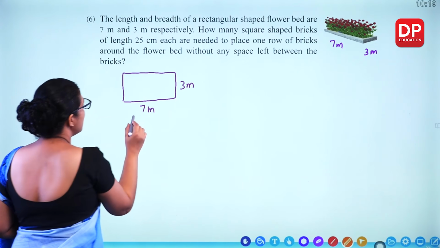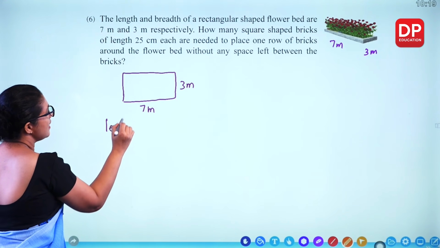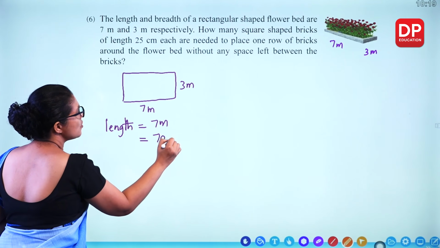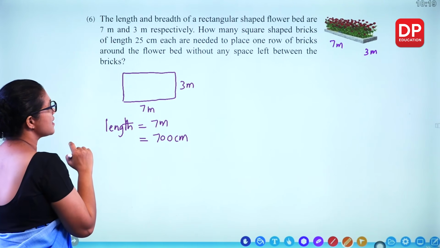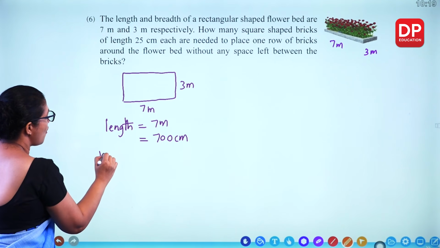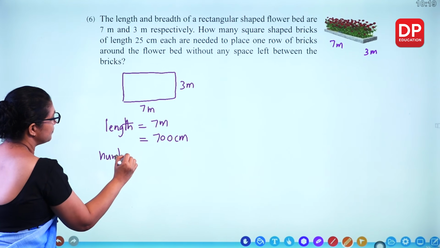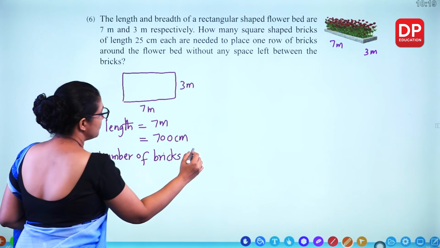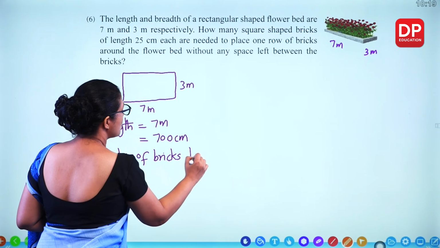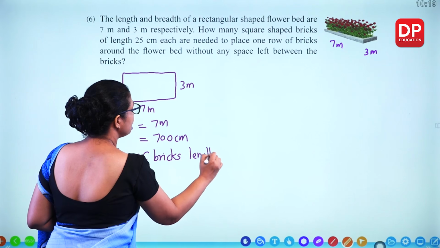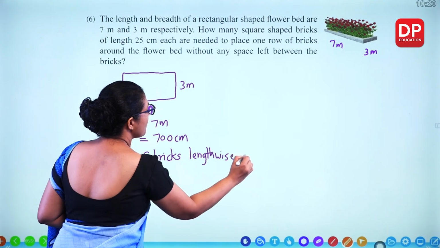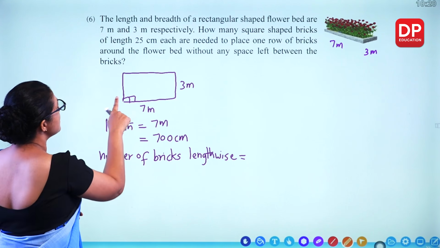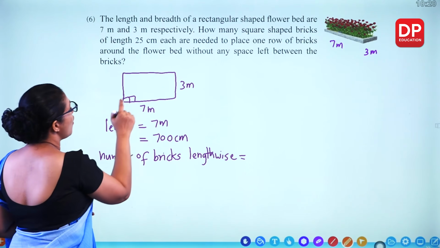The length is 7 meters, convert to centimeters, you get 700 centimeters. So the number of bricks lengthwise: one brick is 25 centimeters long.